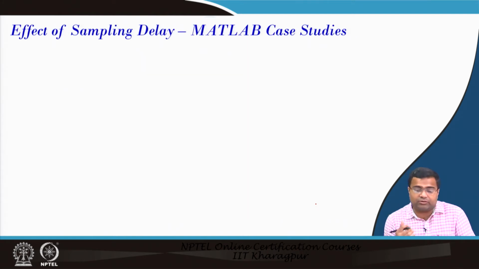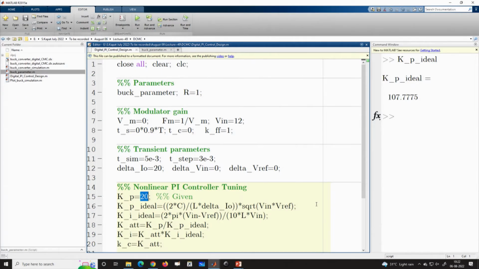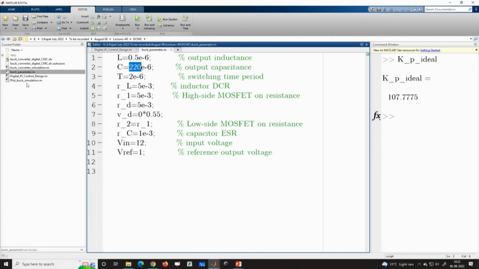So, now we want to simulate this, and we want to see what is the effect of sampling and how it looks in the real Matlab implementation. We have discussed this Matlab in week 3 in detail, where first we clear the screen, and take the buck converter parameters: L equal to 0.5 microhenry, C equal to 220 microfarad.